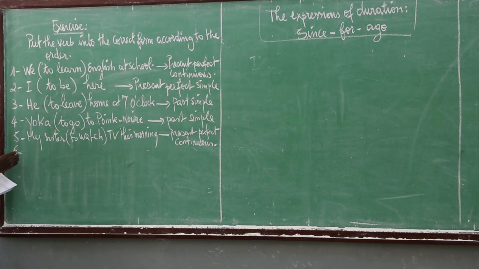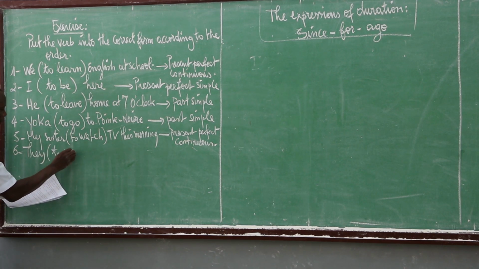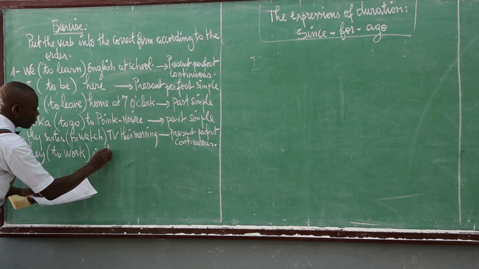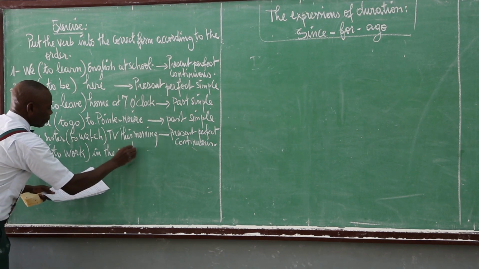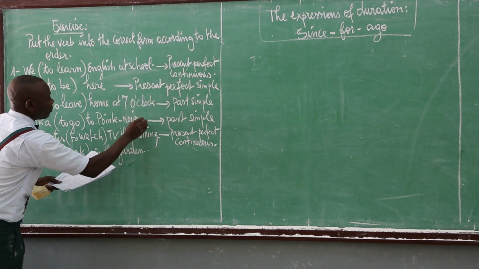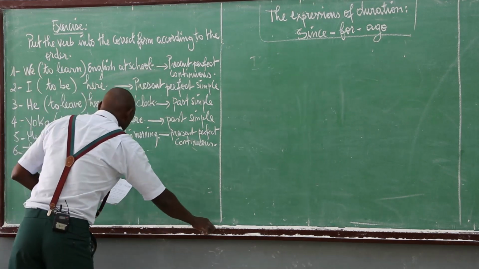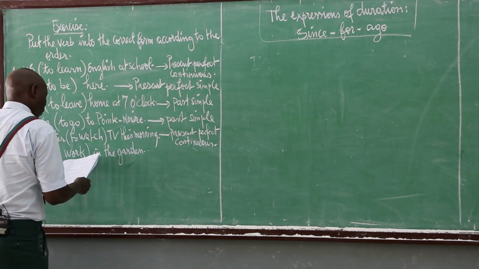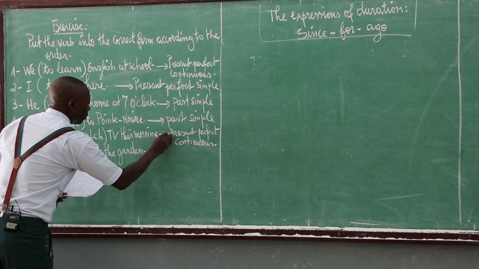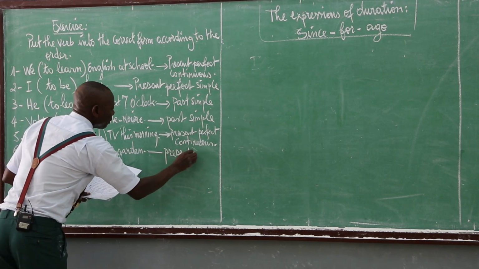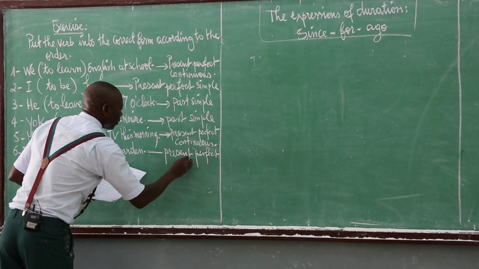And the last one: they to work in the garden. Here you put this sentence into the present perfect simple.